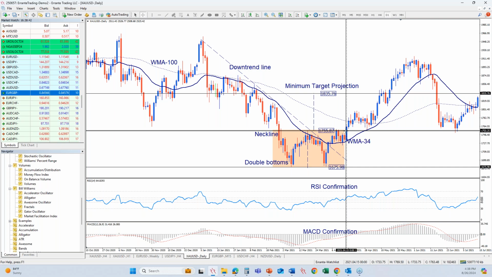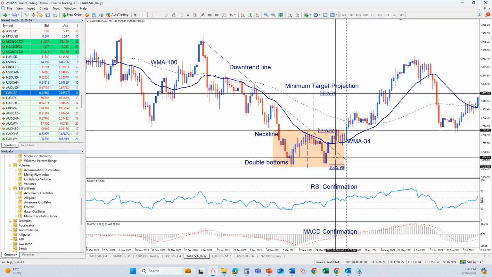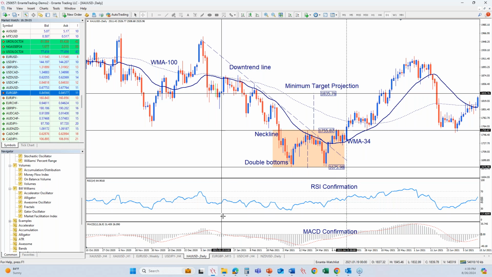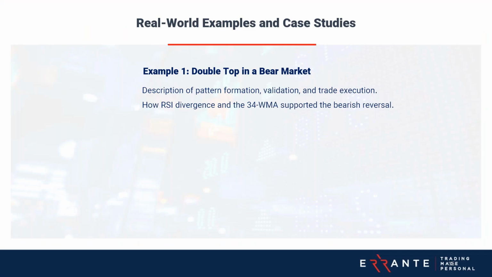This volume surge suggests that the breakout is supported by strong market participation, as we have this bullish Marubozu here as our breakout candlestick, reducing the likelihood of a false breakout. And also, instead of volume, we can use RSI and other momentum oscillators to confirm this breakout. We see the RSI at the bottom.